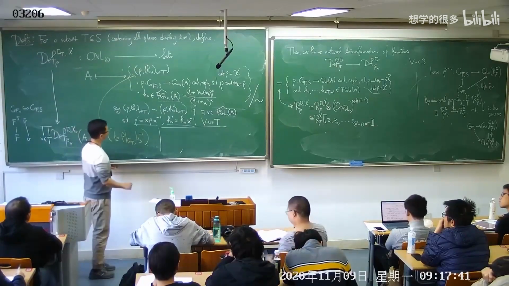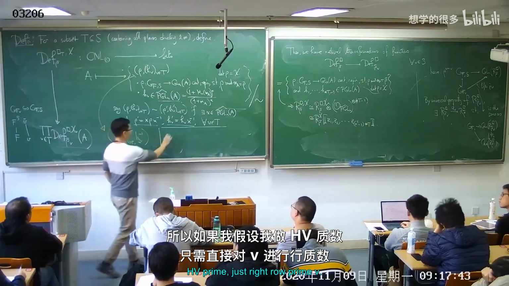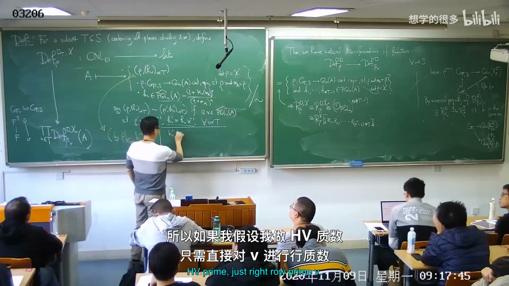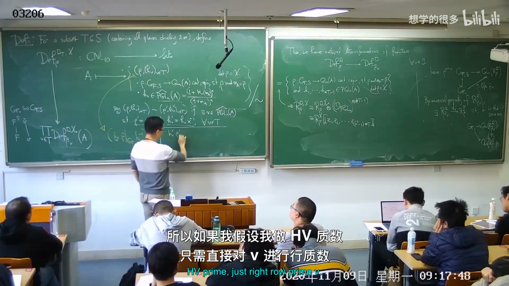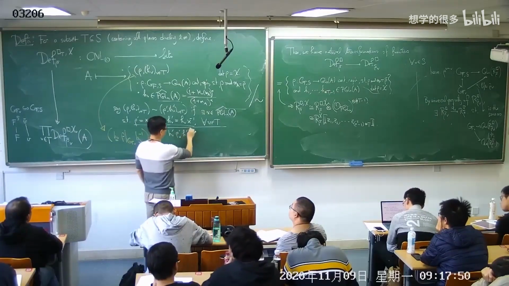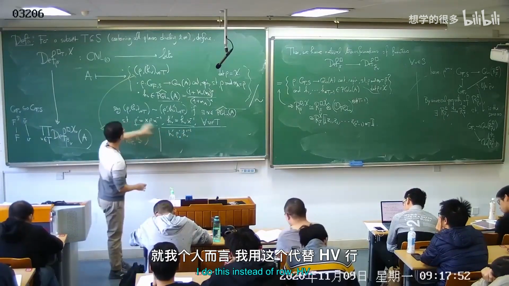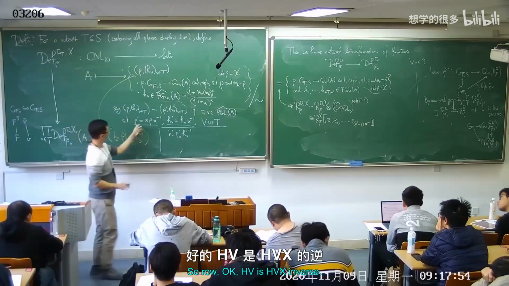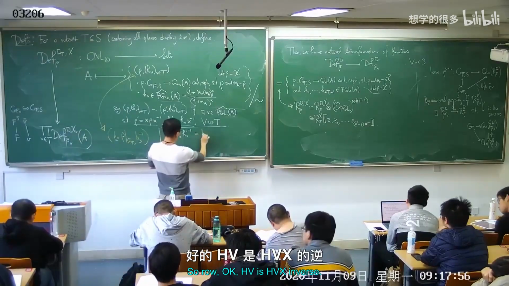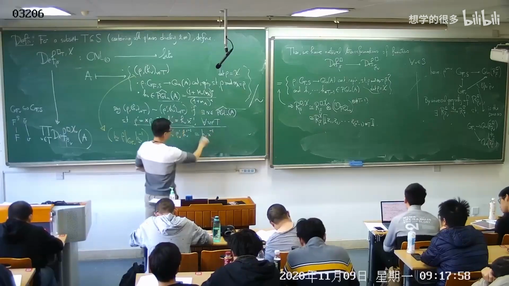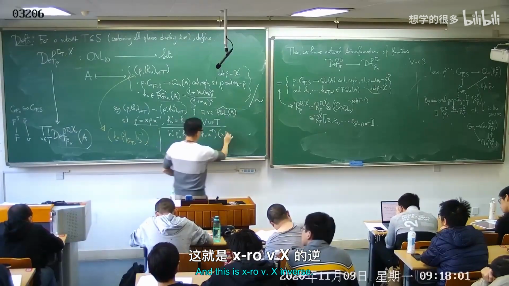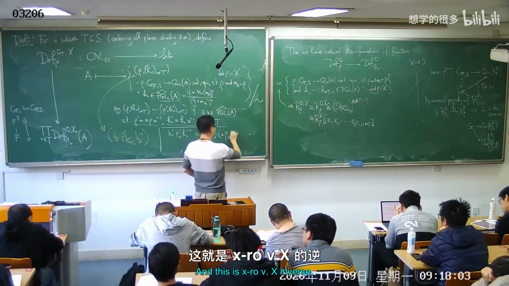Let's do that. So supposedly I do H_V prime, rho prime, just write rho prime V, okay? Supposedly I do this instead of rho, H_V. So H_V becomes H_V X inverse. And this is X rho_V X inverse.